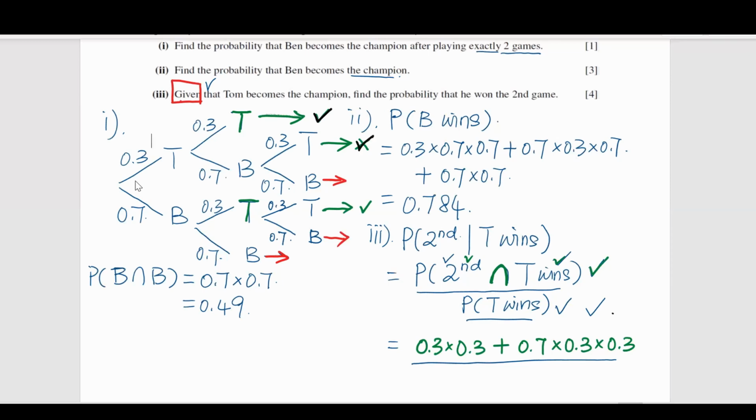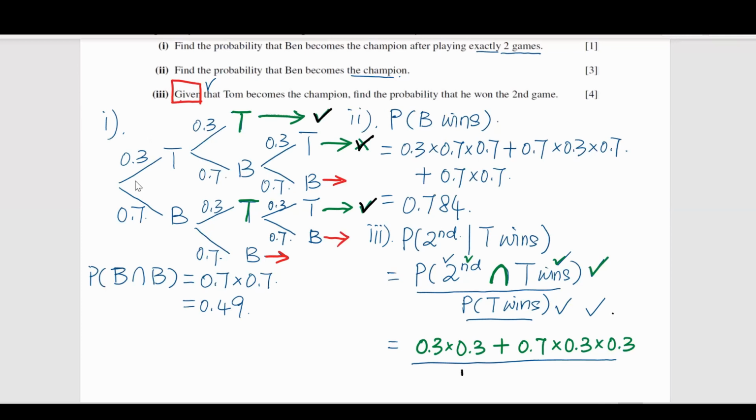So this is the probability that Tom wins: as long as out of 3 games, Tom wins 2 games. We can consider these probability calculations, or else refer to part 2. We have already found the probability that Ben wins, and according to the question, the game is won by either Tom or Ben.